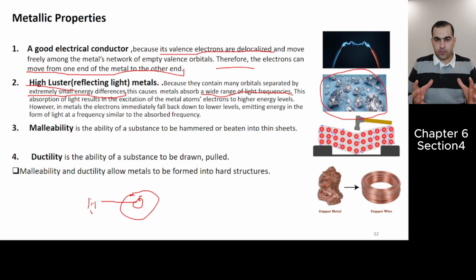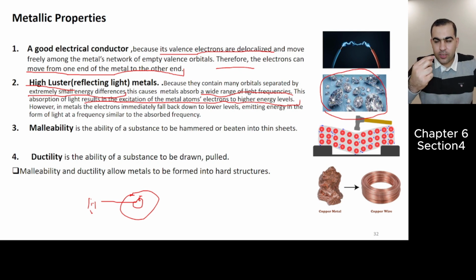So now metals can absorb a high amount of light. What happens to the metal atoms when they absorb a high amount of light? This absorption of light results in excitation of metal atoms' electrons to high energy levels. Do you remember in chapter 4, section 1, we talked about absorption and emission.